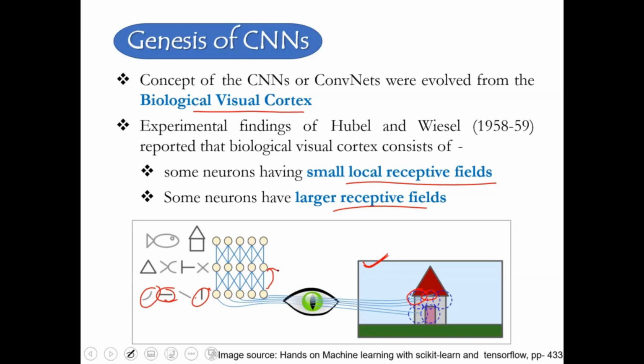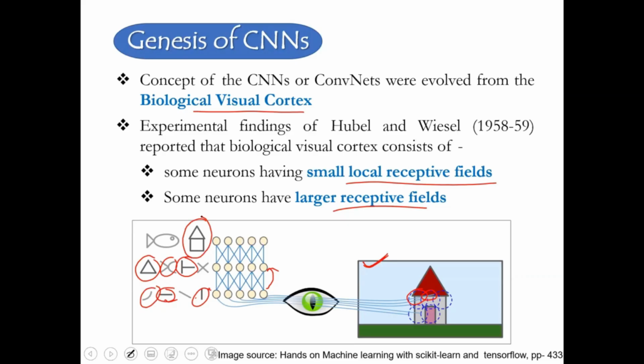They will gather information from previous layers, combine it, and learn combined features, like this one or this one. This way, learning representations from lower level to higher level, they ultimately learn the whole image. This was the case for the biological visual cortex. The same thing happens with humans as well as different types of animals. That's how we learn that this is a house, this is a cat, this is a dog, right?